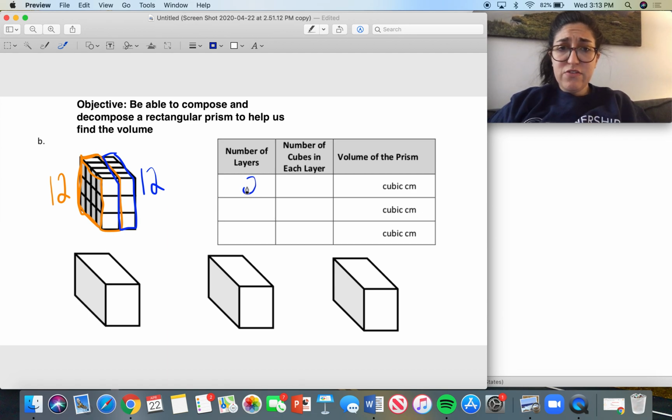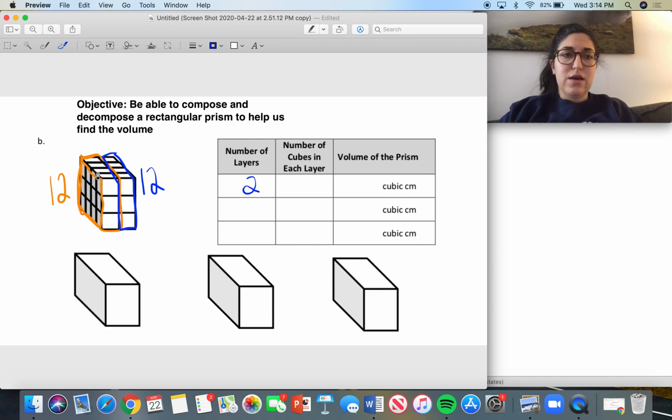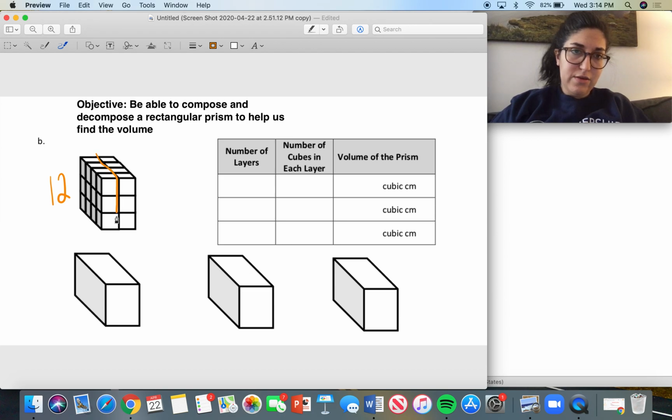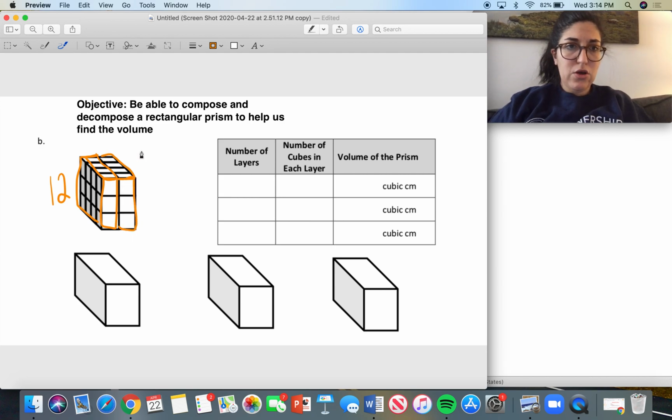And then it says, how many cubes are in each layer? And what I'm actually going to do really quick, sorry y'all, is make all of this one color. So going back, here's 1 layer of cubes. There's 12 cubes there. Here is this second layer of cubes, also 12.